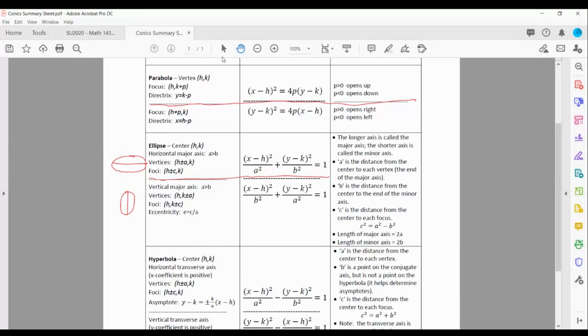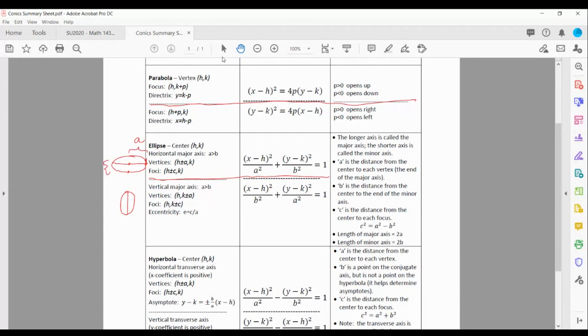A is the distance from the center to each vertex. And so from the center out here to the vertex, that would be A. B is the distance from the center to the end of the minor axis, which would be out here.